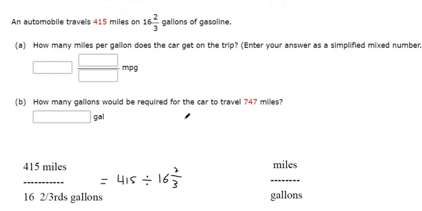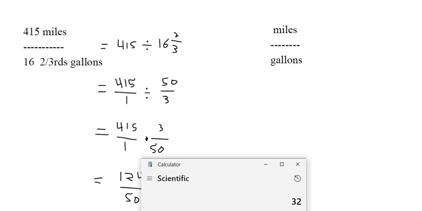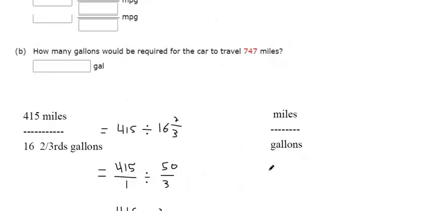And then if we're trying to travel 747 miles, it takes you 1 gallon to do 24.9 miles, right? It takes you 2 gallons to do 24.9 times 2, to do 49.8 miles.